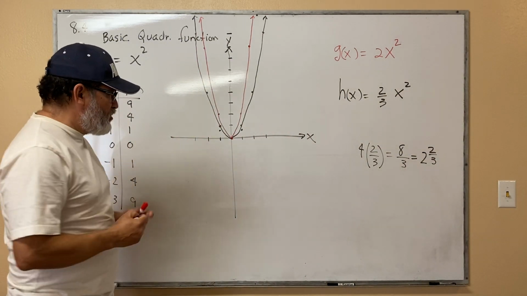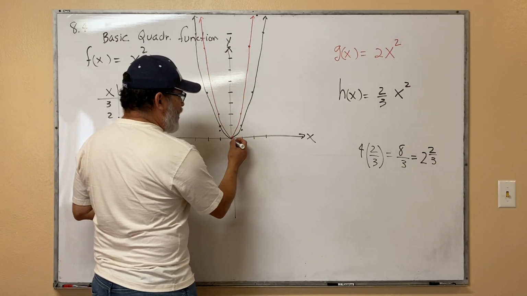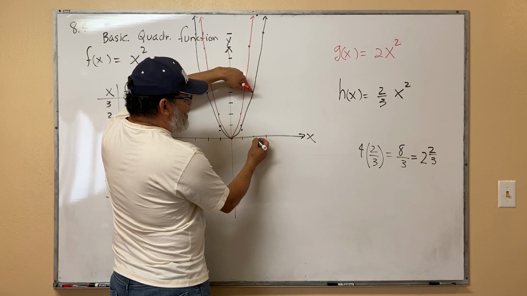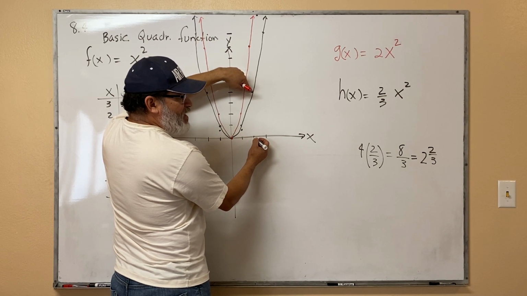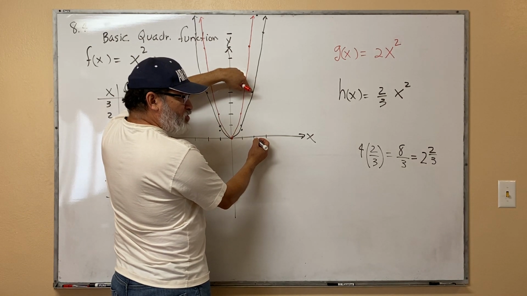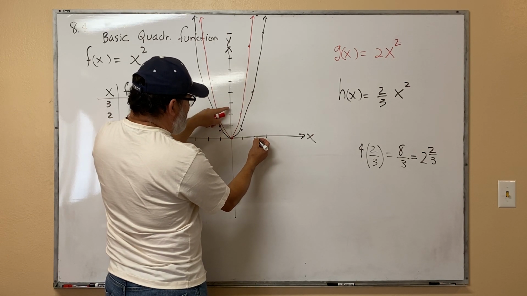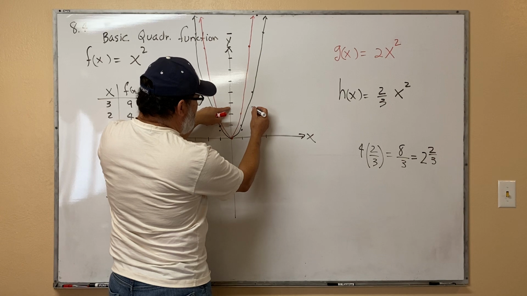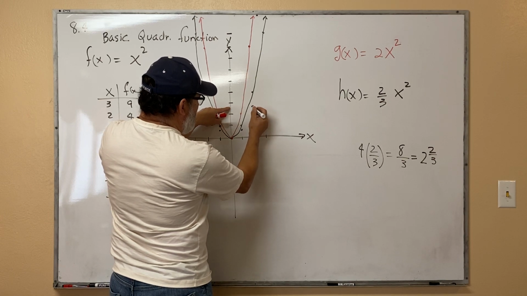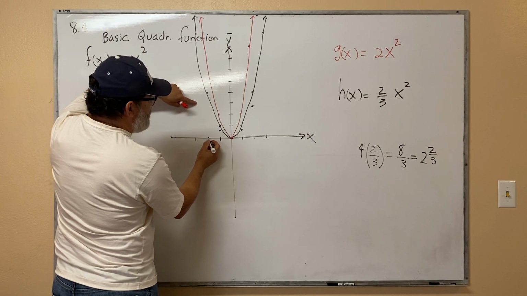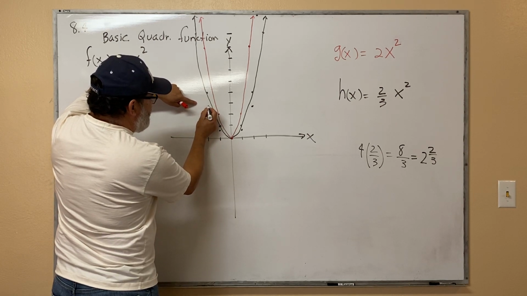So watch. Twice to your right, before it was 4. Now 4 times 2/3 is 8/3, which is 2 and 2/3. So 1, 2, and I'm going to say 2/3 is right around there. Twice to the left, 2 and 2/3, right around there.